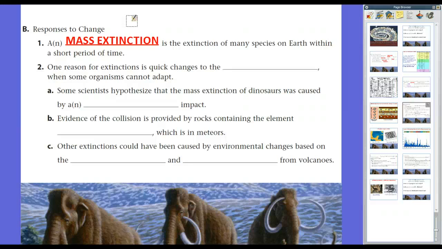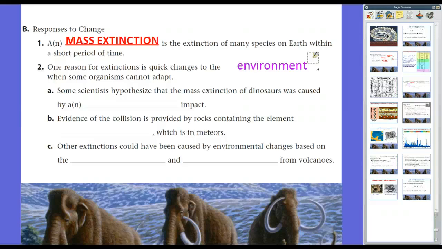to millions of years. Okay, so there are all sorts of theories and all sorts of mass extinction events which we're pretty sure about. But one reason for extinctions is quick changes to the environment when some organisms cannot adapt. For example, when we talk about one mass extinction at 65 million years ago that ended the Mesozoic era, what essentially happened was all the dinosaurs couldn't adapt and they all died out, for reasons which I'm about to go into.